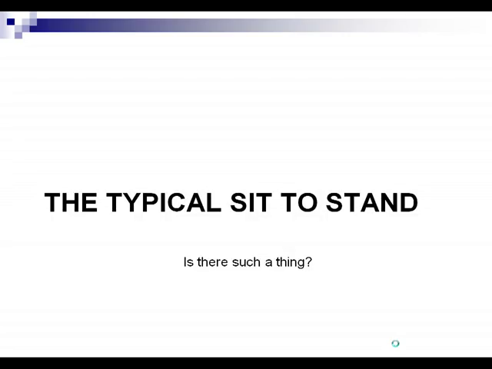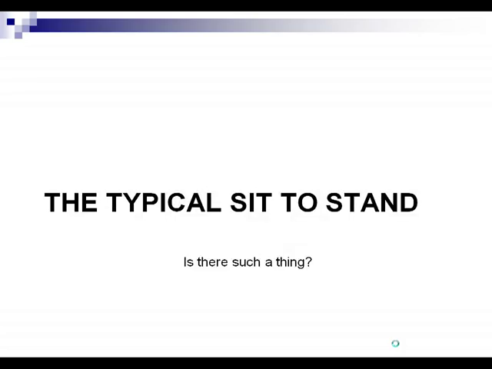So just bear that in mind when you're reading the literature. It's certainly important to think about when you're thinking of your patient's treatment goals, and once they've achieved a symmetrical sit to stand, is that enough? Does it allow them to function?